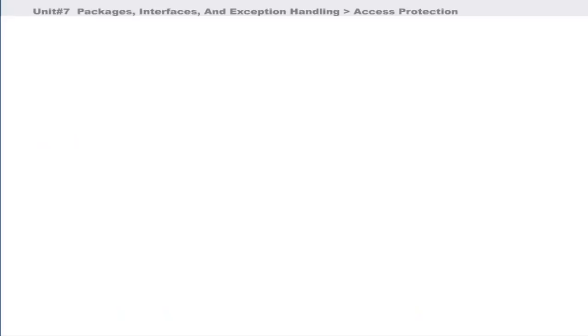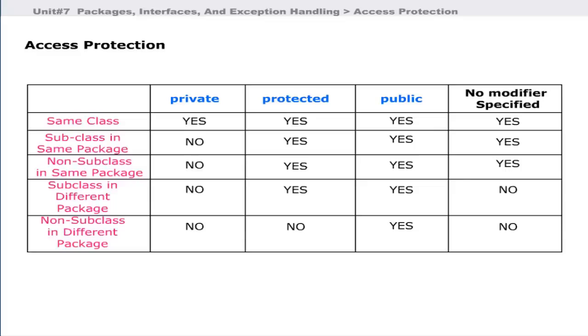Now we will discuss access protection of classes and class members in a package. This table summarizes the access to the classes and members declared as private, protected, and public. It also enlists the access when no access specifier is provided. Anything declared public can be accessed from any class.